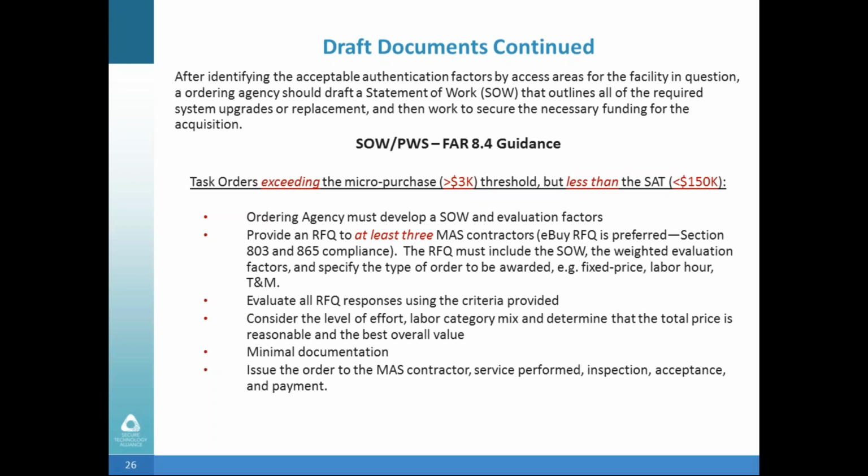It's also important to remember that as part of this process, you need to ensure when sending out the RFQ that you send it out to enough people to at least get back those 3 responses so that you've met your competition. Next slide, please.